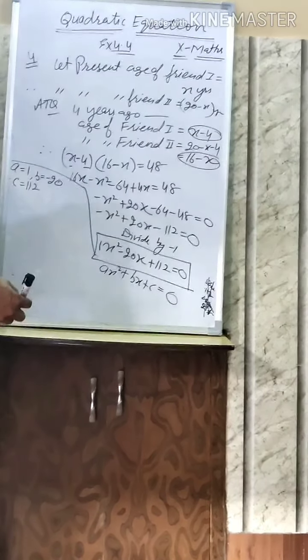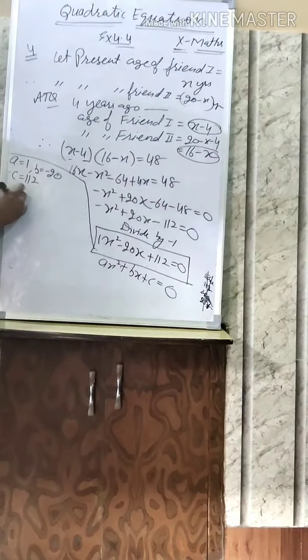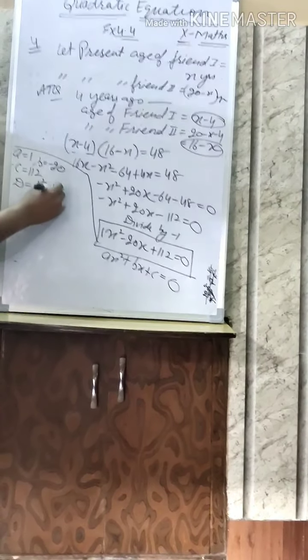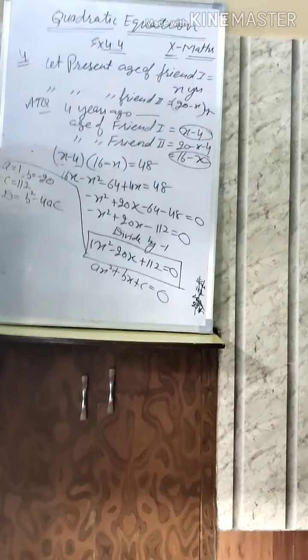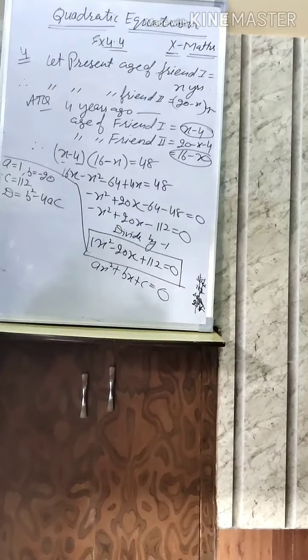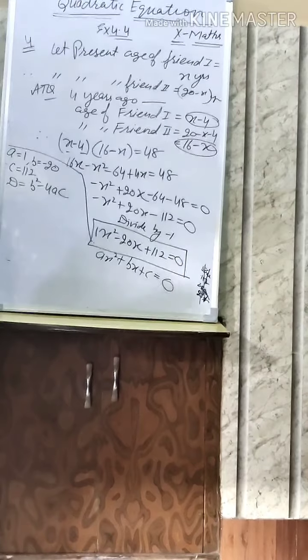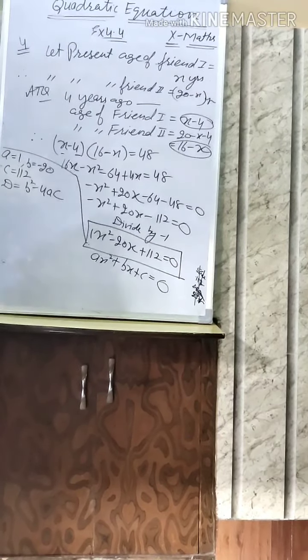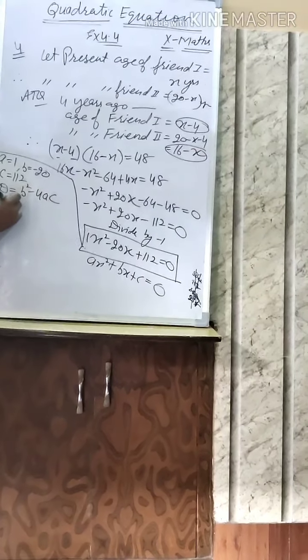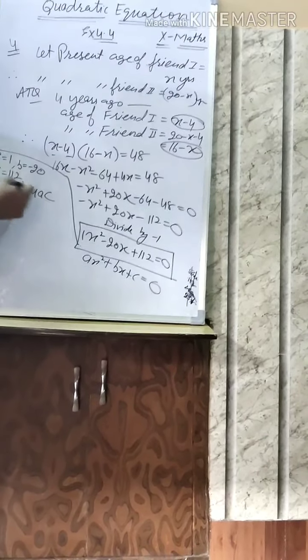So my dear students, what you will do? You find out D first, b square minus 4ac, because the discriminant will tell the nature of roots, whether roots are real, exist or not. Understand?